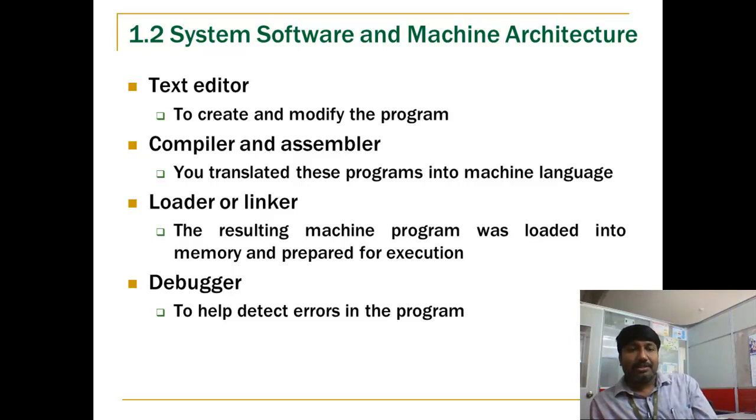The job of the compiler and assembler is to translate the given program into machine-readable language. If you take an assembler, the input is assembly language and it generates its equivalent machine code. Similarly, the compiler receives a high level language program as input and translates it into machine language or machine code. Say you wrote a C++ program with so many steps.